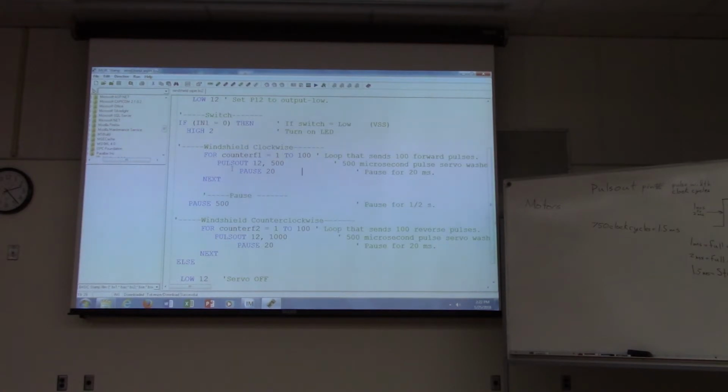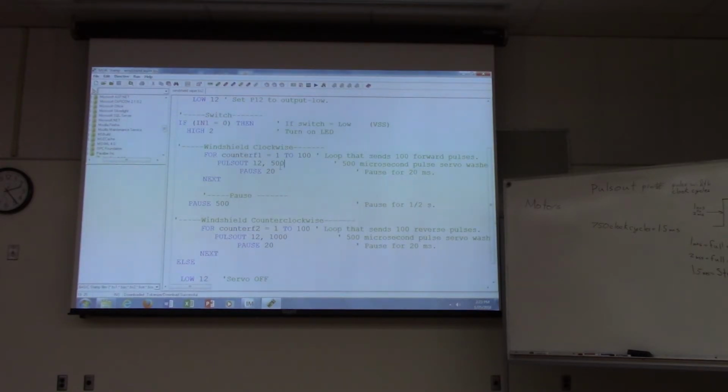So you guys remember that we used for loops a little bit last time. We said that these were commands that allowed us to repeat something a certain number of times. So inside here, we're using the pulse out command. So we do pulse out on pin 12 and 500. So this is sending a message out on pin 12 where we have a motor connected, and it's sending out a value of 500.